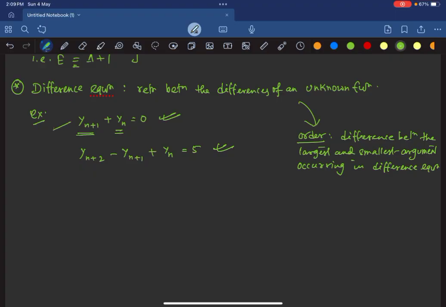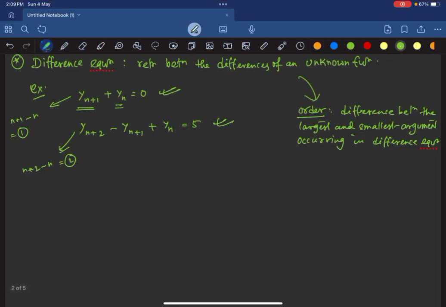If you consider the first equation, here n plus 1 minus n is 1, so the order is 1. Similarly in this equation, n plus 2 is the largest and n is the smallest, so n plus 2 minus n is 2, the second order equation. Likewise one can find the order of a difference equation.